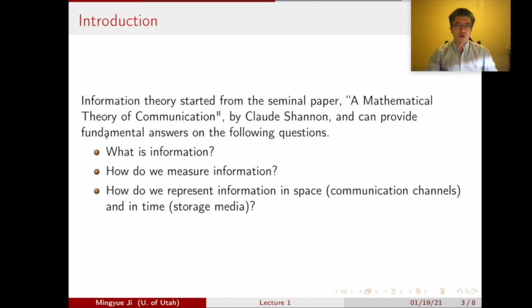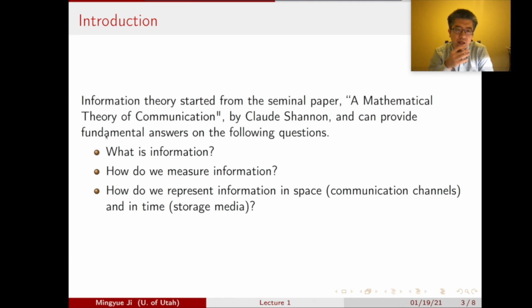As we introduced, information theory starts from Shannon's seminal paper, A Mathematical Theory of Communication. Information theory can provide fundamental answers to the following questions. The first question is, what is information, and how do we measure information?